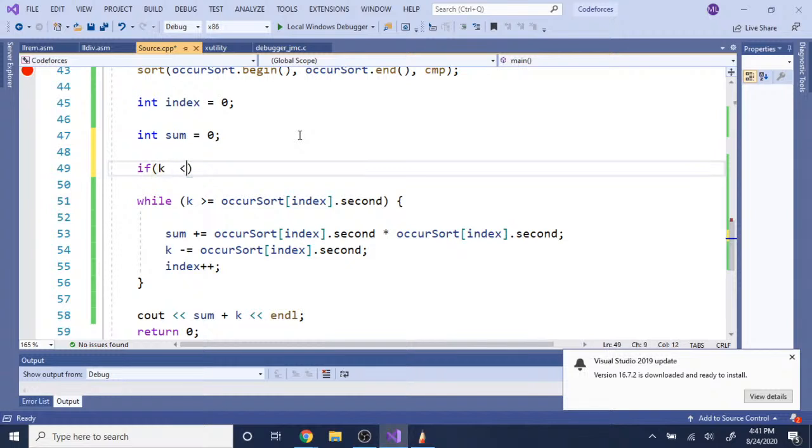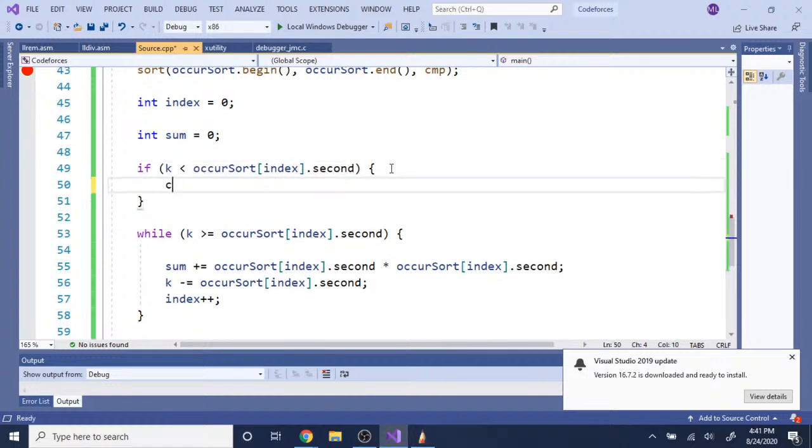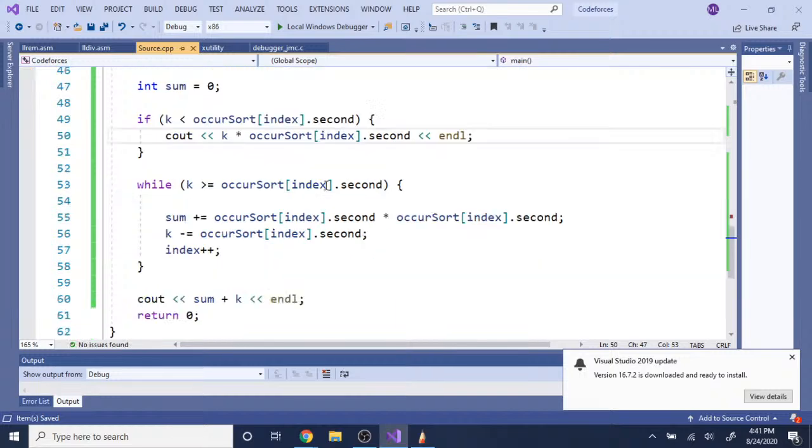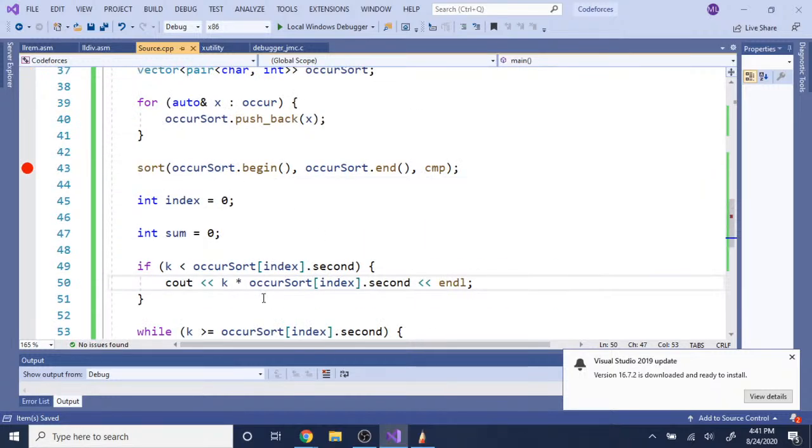If k is less than this... So in the beginning, if it's less than, we just do k times the number of occurrences. Actually, I don't know if this is right.